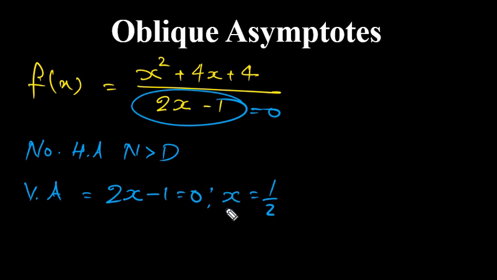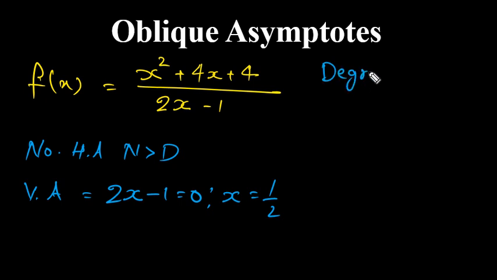Now for the oblique asymptote, there are a few conditions which should be met. The degree of the numerator minus the degree of the denominator, capital N for numerator, capital D for denominator, should be equal to 1.